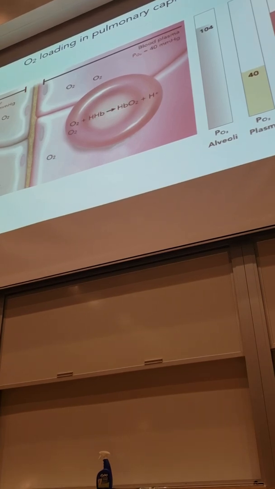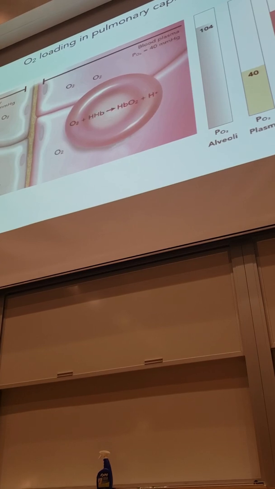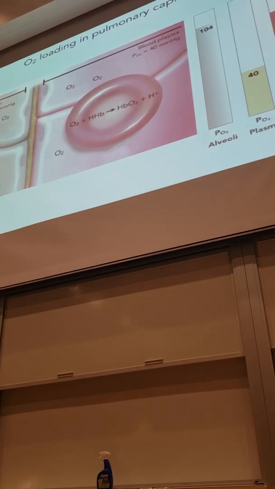The plasma O2 that is entering pulmonary capillaries. This is blood that has come from the venous circulation of the body, right? And is now going towards the pulmonary capillaries. It has a PO2 of about 40 millimeters of mercury.